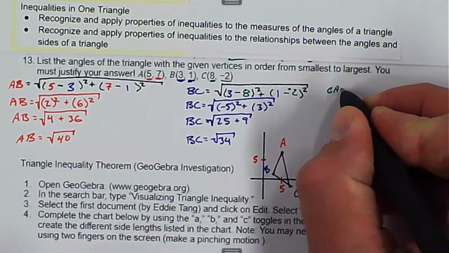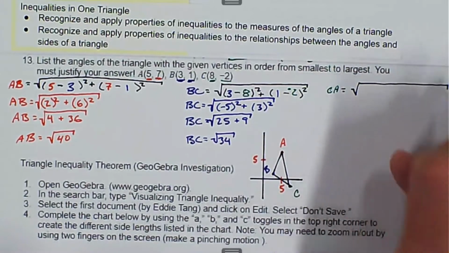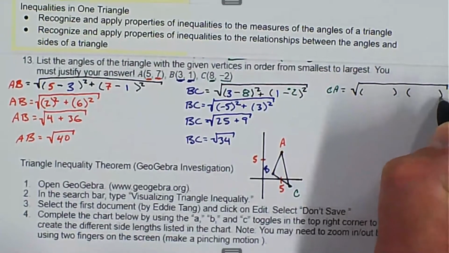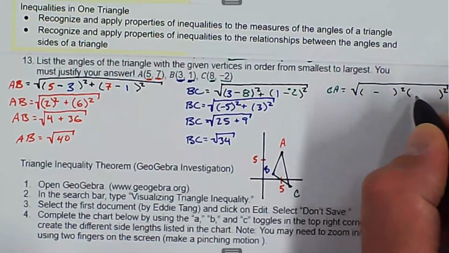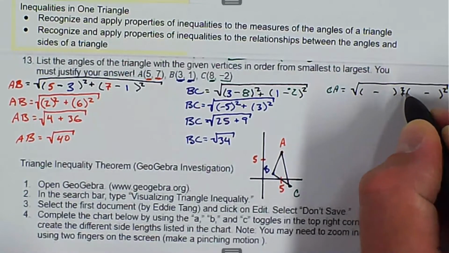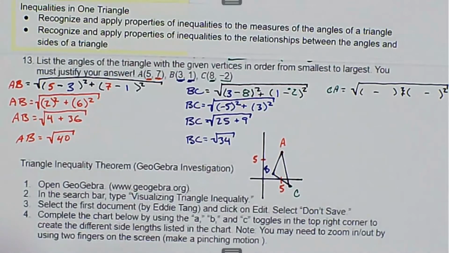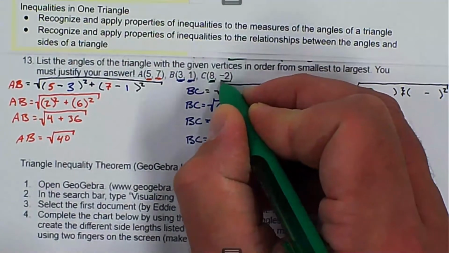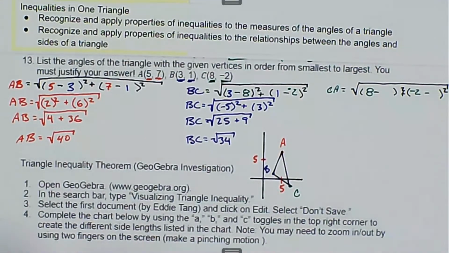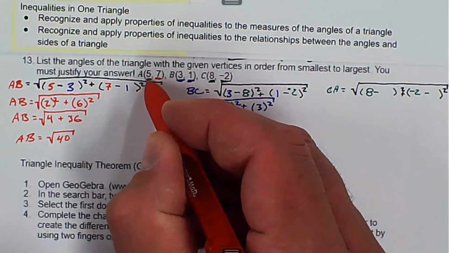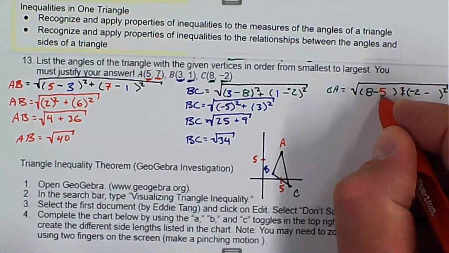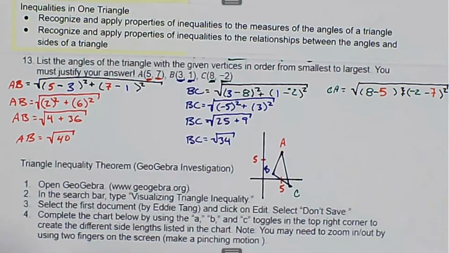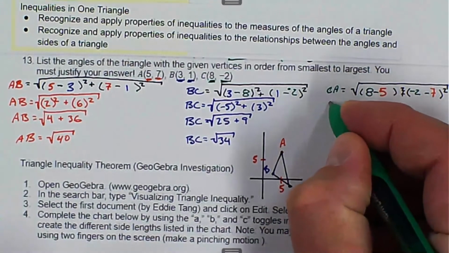And the things that never change are the large radical. We have 2 parentheses. Both parentheses are squared, and we have 4 dashes. Now we can plug in the values that we know. Our x value is 8. Our y value is -2. For point A, our x value is 5, and our y is 7. And then we can go ahead and solve for the distance of CA.